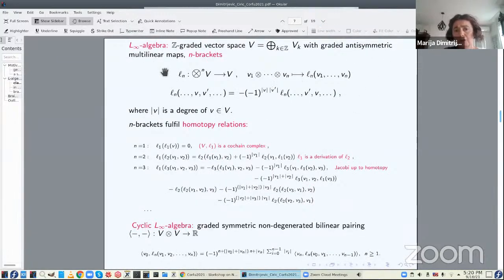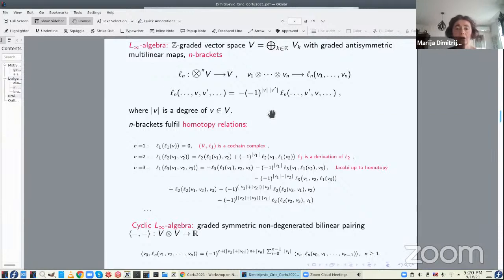Just to remind you, for the classical L-infinity algebra, we have a Z-graded vector space, we have Ln brackets that map n copies of the vector space to the vector space. They are graded antisymmetric, meaning that when we exchange the order of 2 elements in the bracket, we get a minus sign depending on the grading of these 2 elements. And these brackets are not arbitrary.